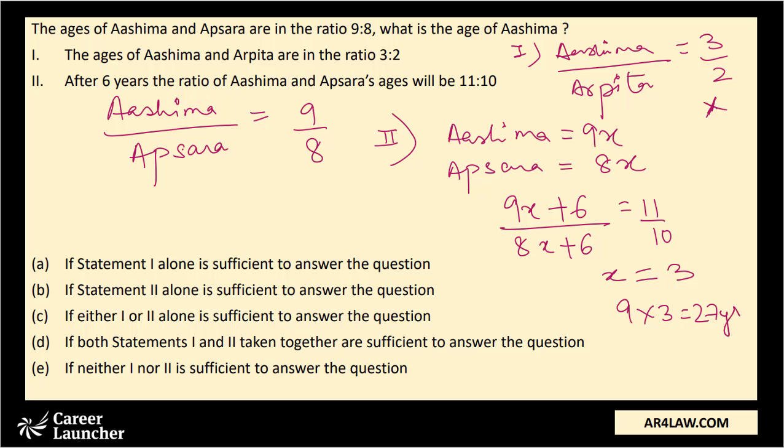So the information in statement 2 alone is able to give an answer to Ashima's age, whereas statement 1 did not help us in any way. Since statement 2 gives us an answer, we need not combine the data given in both the statements. So we would mark B as our answer.